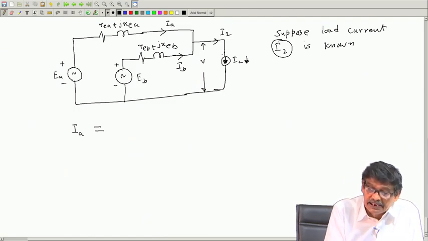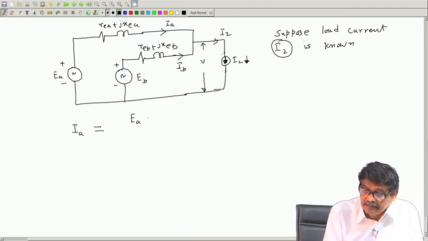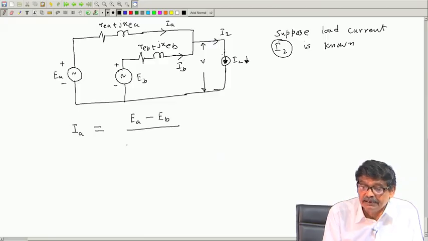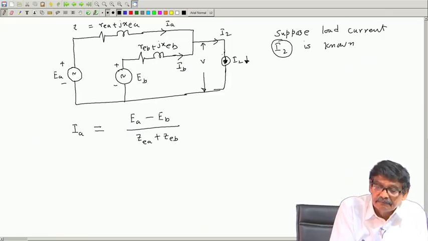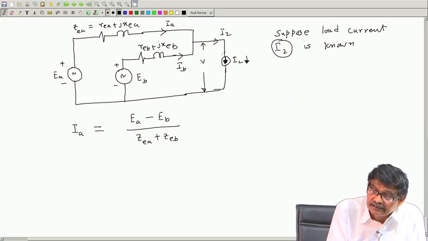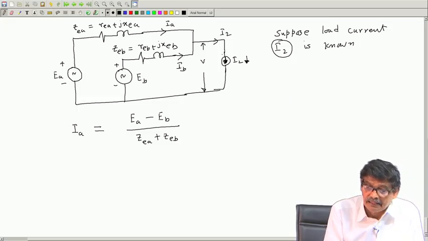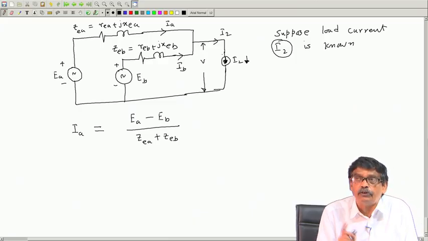Then because of EA and EB, current IA in this direction will be simply EA minus EB divided by jXA plus jXB. This is your jXA and this is your jXB. So, for these two sources current will be this, current source is open circuited.